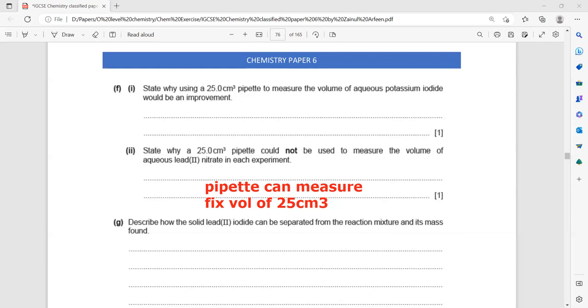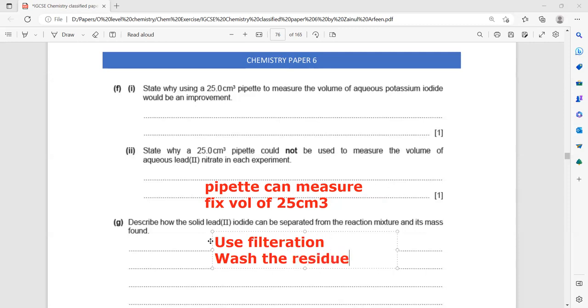So we simply filter it off, wash and rinse, and then dry and weigh. We use filtration because a solid precipitate is formed. Then we wash the residue, then dry it and measure the mass.